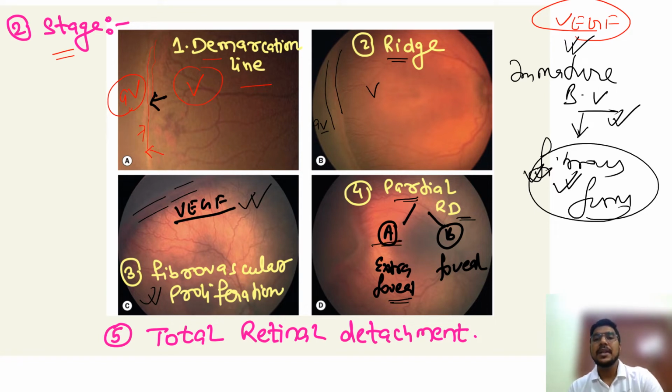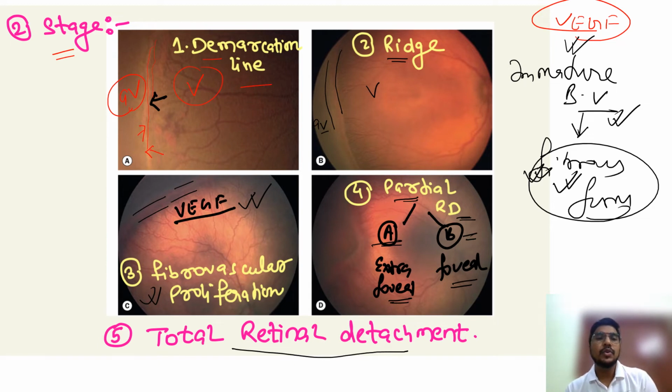But if the partial retinal detachment takes place near the fovea, or foveal area, then it is called 4B. And if there is a total retinal detachment, then it is stage 5. So just remember the words demarcation line, ridge, fibrovascular proliferation, partial retinal detachment, and total retinal detachment.